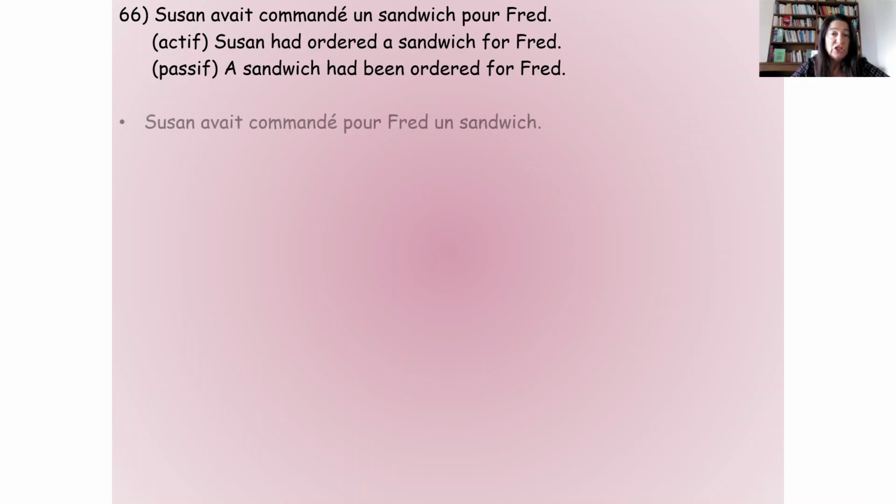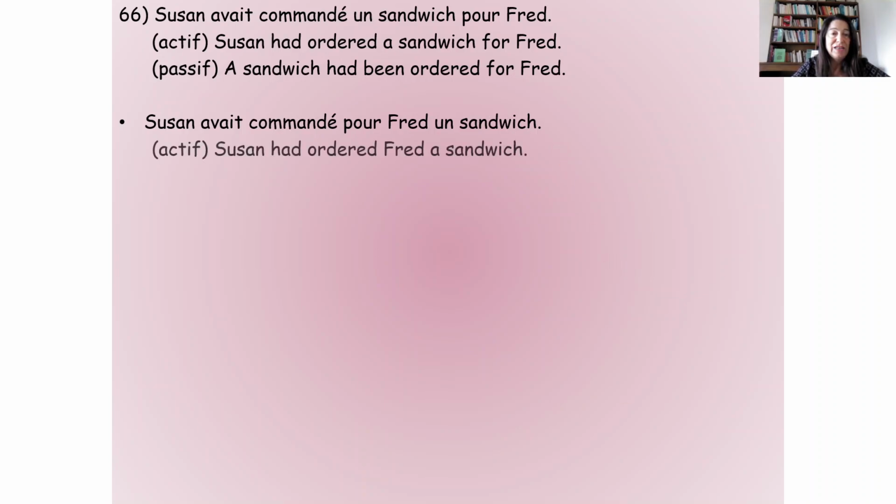How about switching the order of the objects? Suzanne avait commandé pour Fred, so let's put the second object right after the verb in this active sentence here, and switch the order of the objects. So Suzanne avait commandé pour Fred un sandwich.